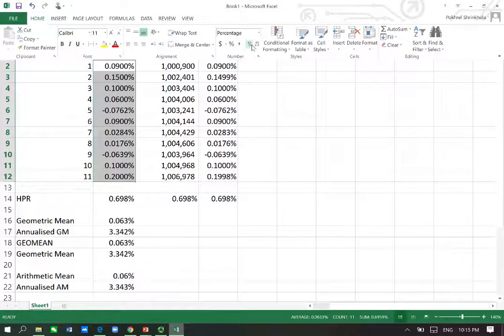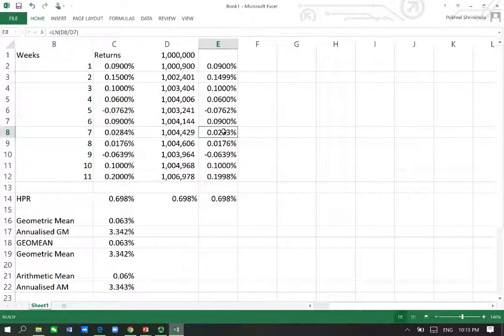Okay, so here 0.0283, here 0.0284, here 0.2, here 0.1998. Of course, not a big change though.